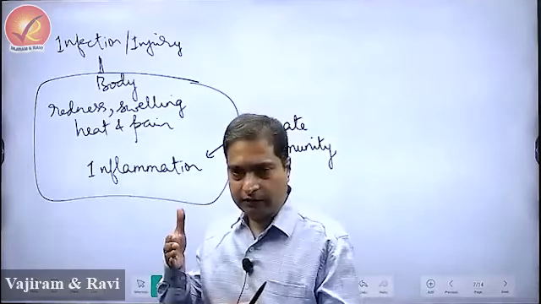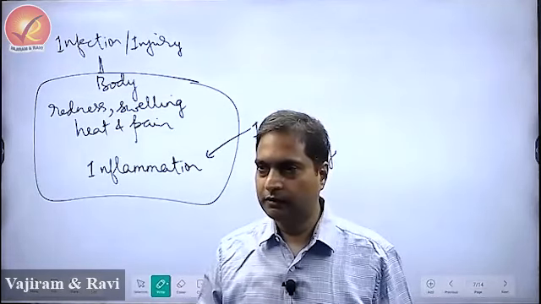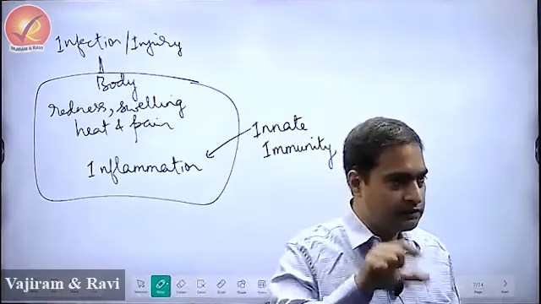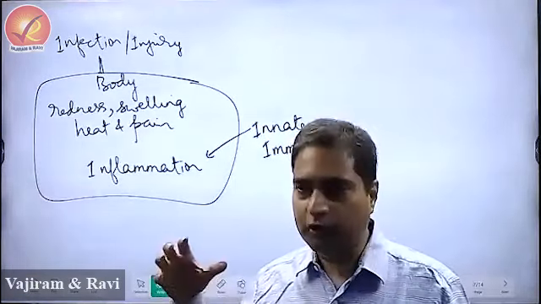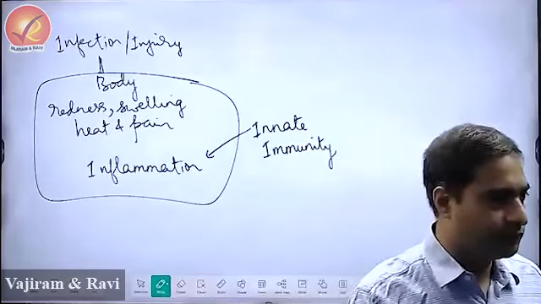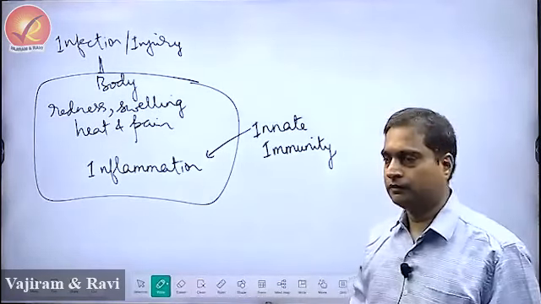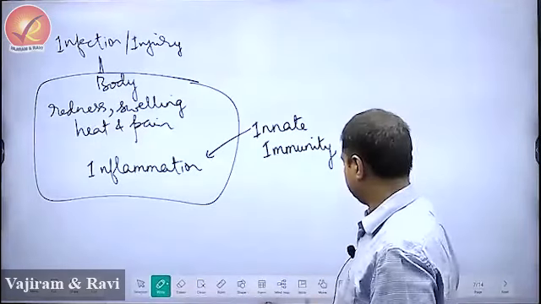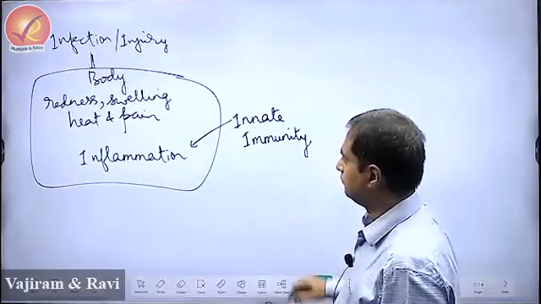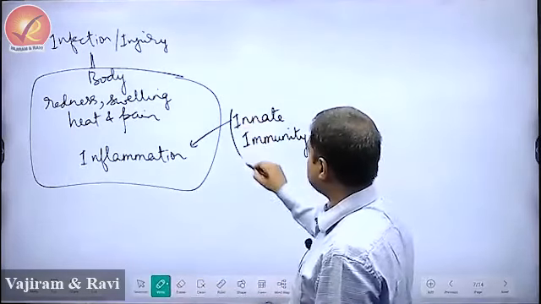The blood circulation will increase to the area of infection, isn't it? Blood flow will increase in that area of infection, so that more and more white blood cells reach there to fight against infection, clear the infection from there. So innate immunity has started acting.